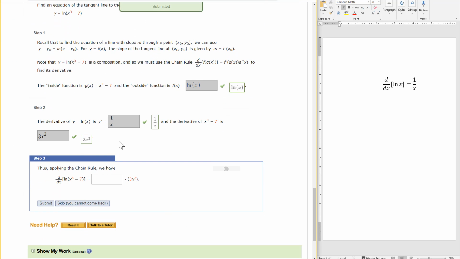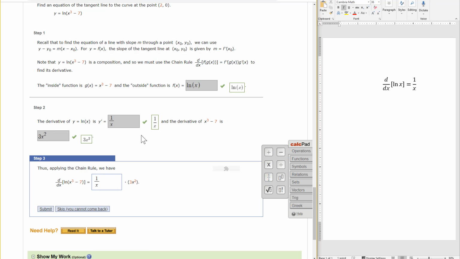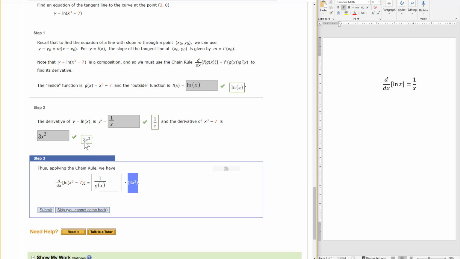And so when we apply the chain rule, the derivative is going to be 1 over x. Well, it's not going to be 1 over x, actually. It's going to be 1 over the inner function, g of x, which I'll show you in a minute. The chain rule says it's going to be the derivative of the outer function evaluated at the inner function, times the derivative of the inner function, which we got already.